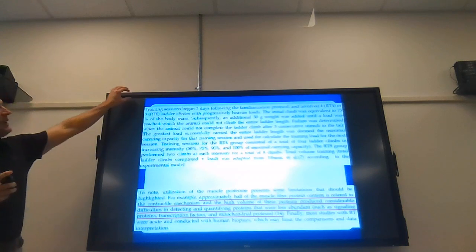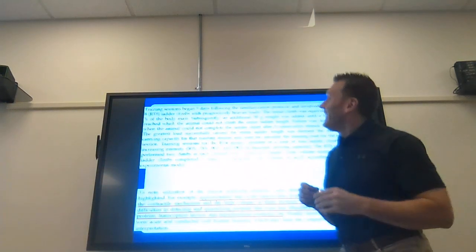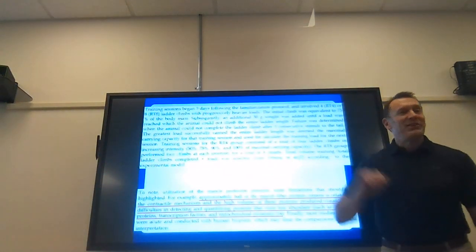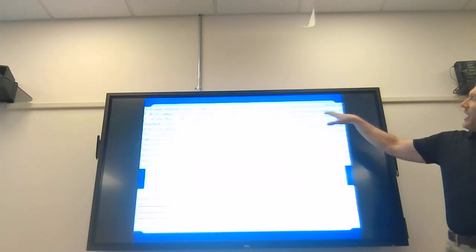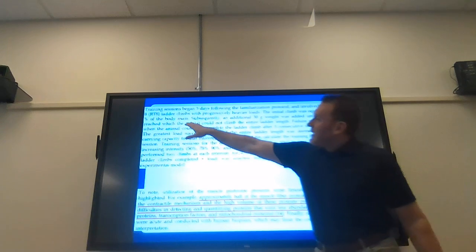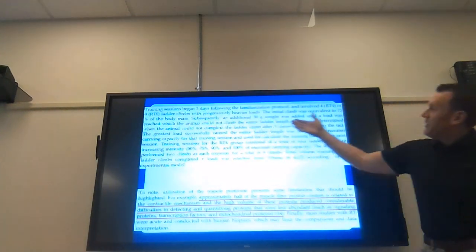Training sessions began 3 days following the familiarization protocol and involved 4 or 8 ladder climbs. Isn't that interesting? Ladder climbs, okay, with progressively heavier loads. The initial climb was equivalent to 75% of the body mass. That's interesting. Subsequently, an additional 30-gram weight was added until the load was reached at which the animal could not climb the entire ladder.